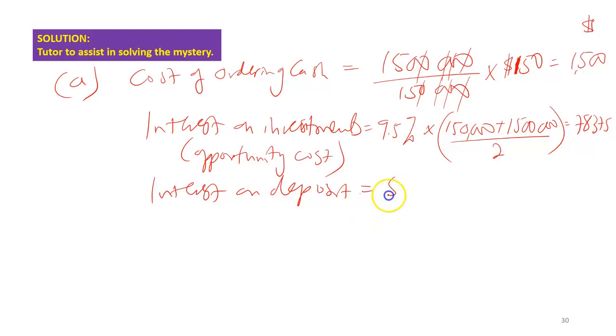So 5%, multiplied by, here we only consider the 150,000, but it is also going to be divided by 2. 150,000 divided by 2, and we get that will be negative 3,750.